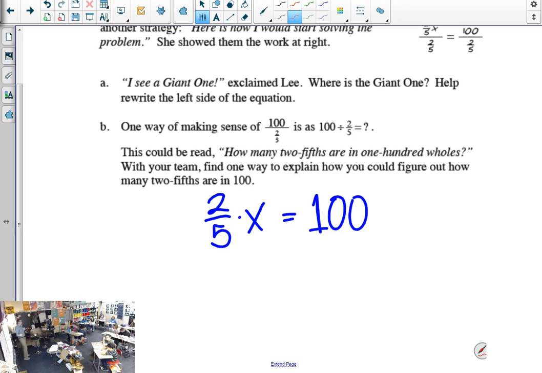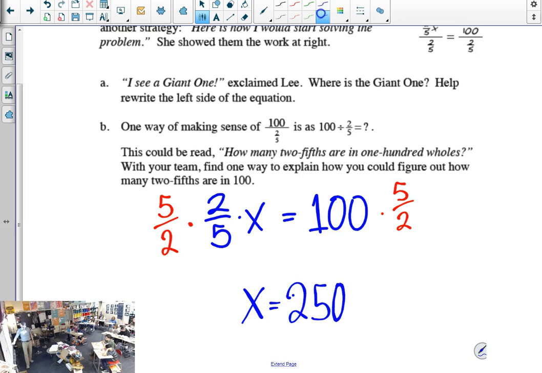In an algebraic equation, we can always destroy a coefficient. Destroy meaning take it to 1, make it disappear, by multiplying by its reciprocal. So regardless of anything else we're doing with an algebraic expression or an equation, we have to do the same thing on both sides. That will lead me to my final answer. Actually, 200 miles in this case.